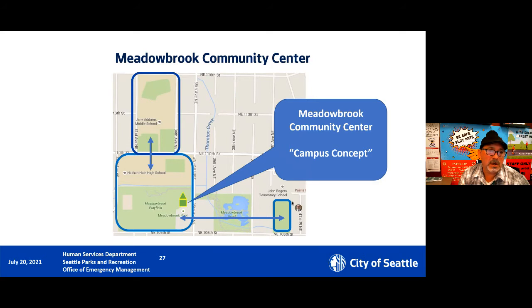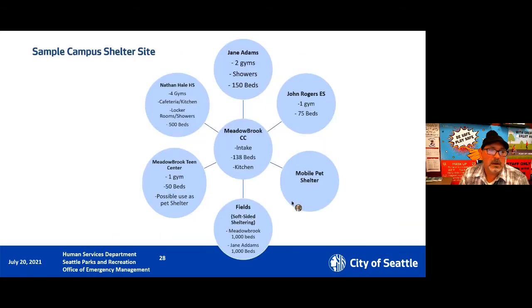And then also across the street, we have Jane Addams Middle School with a few other ball fields and the school with some other facility support. And then to the east, about a block away, we could even leverage the elementary school if needed on a larger event.